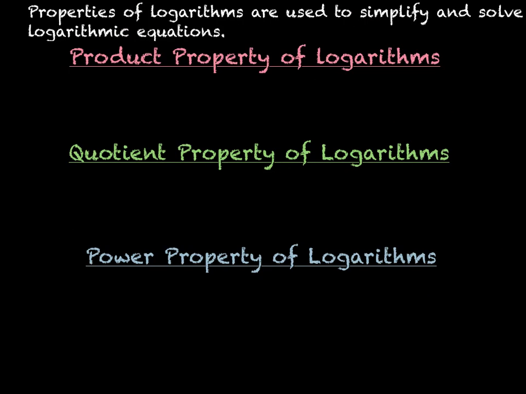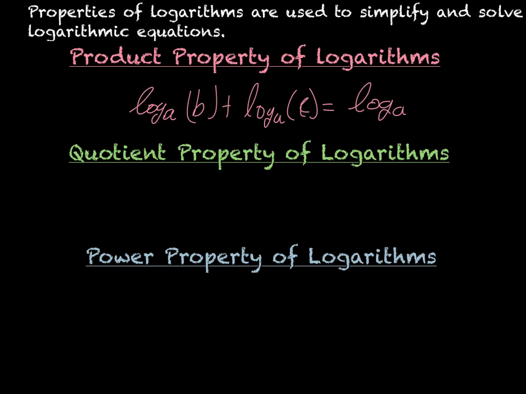Properties of logarithms are used to simplify and solve logarithmic equations. The product property of logarithms states that log base a of b plus log base a of c can be put together as log base a of b times c.